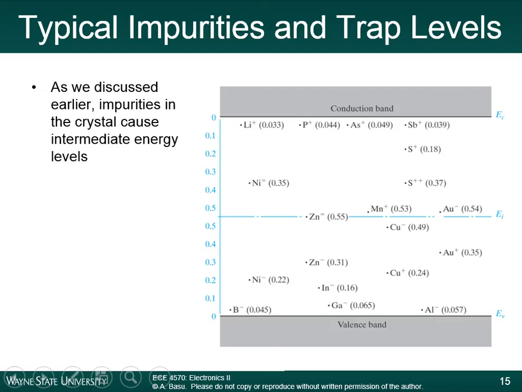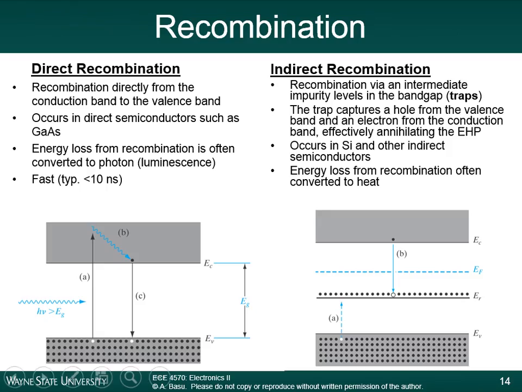There are other materials that will generate trap states closer to EI. For example, gold generates trap states very close to EI. Copper, zinc, magnesium. One of the practical implications of this is that sometimes you want to have a pure semiconductor.